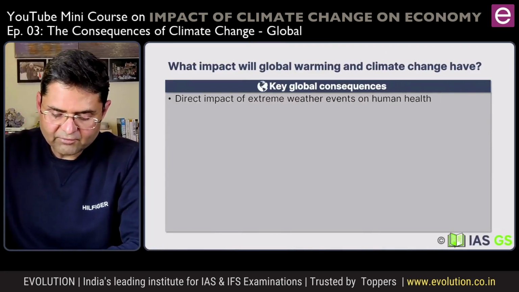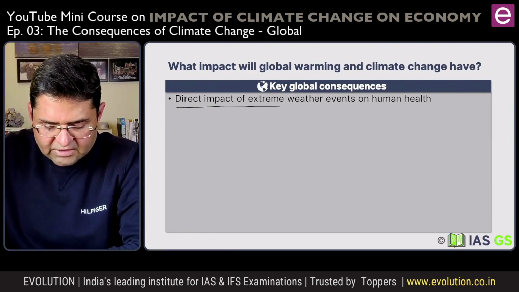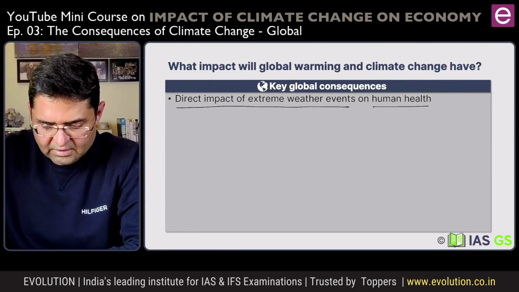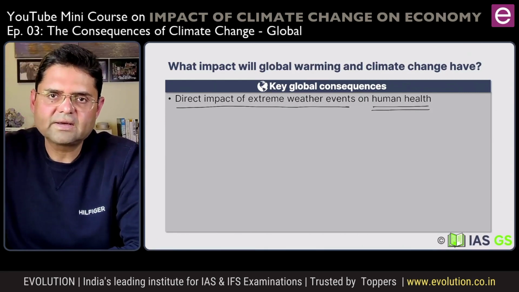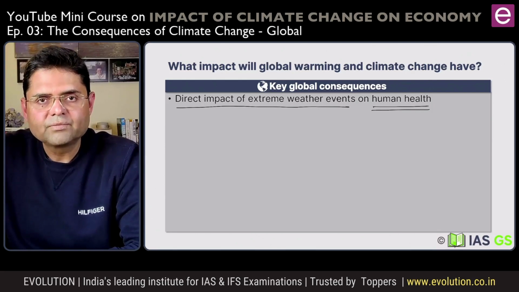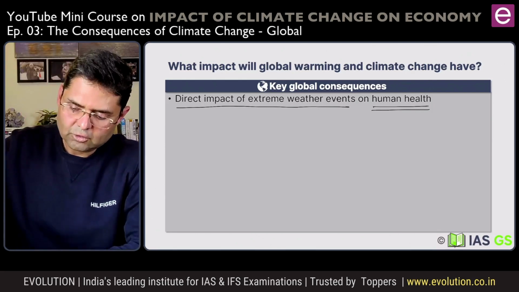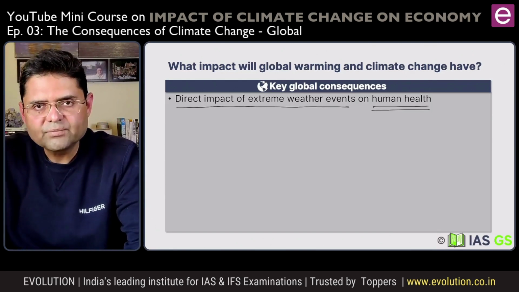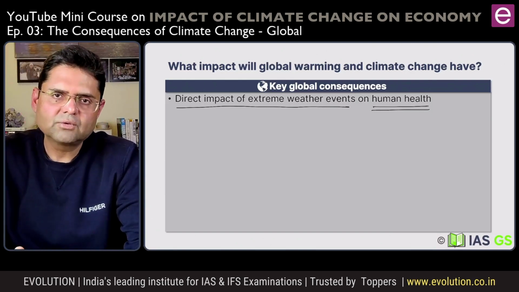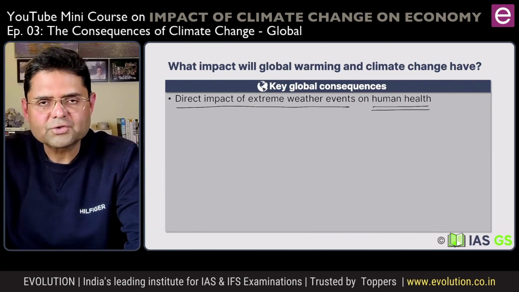Then we have the direct impact of extreme weather events on human health. Last year, we saw close to 20,000 people losing their lives, directly or indirectly, because of heat waves. A lot of people were forced to work out in the open despite such scorching heat. The human body can only take a limited amount of heat shock.